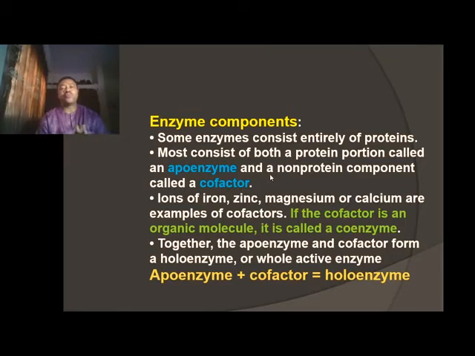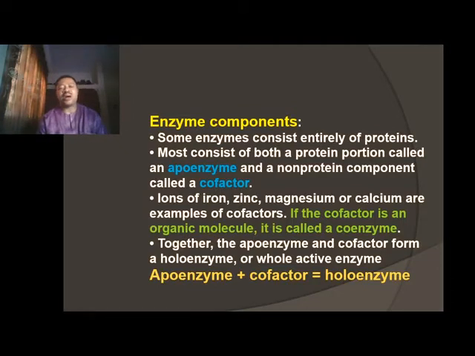So most of these enzymes consist of a protein portion. That protein portion, we refer to as the apoenzyme. The apoenzyme is the protein component of the enzyme, while the non-protein component of the enzyme is referred to as the cofactor. So the complete enzyme consists of the apoenzyme and the cofactor.